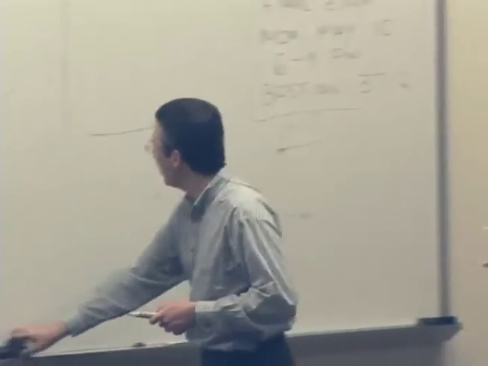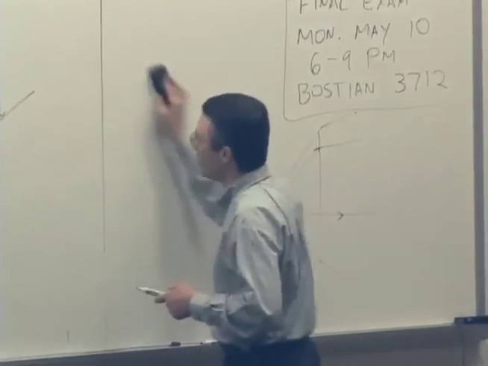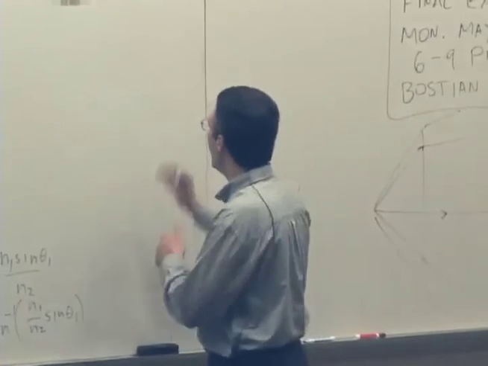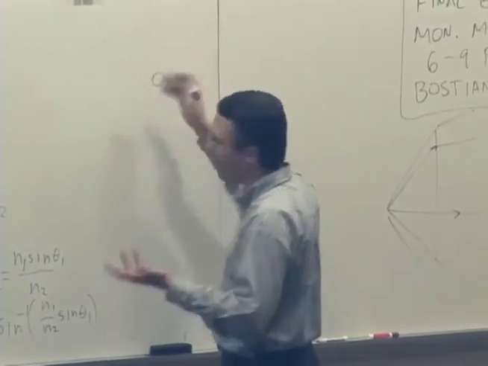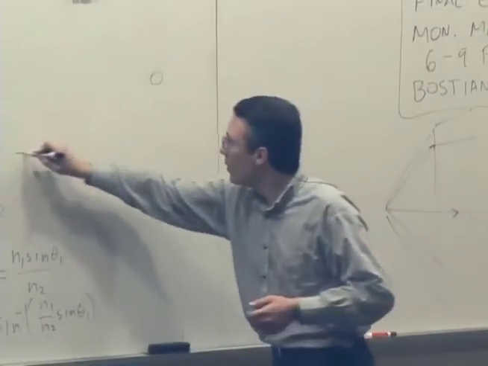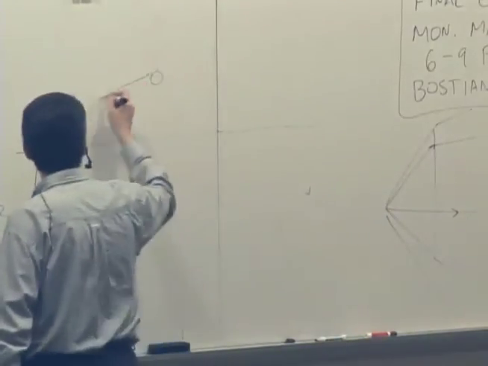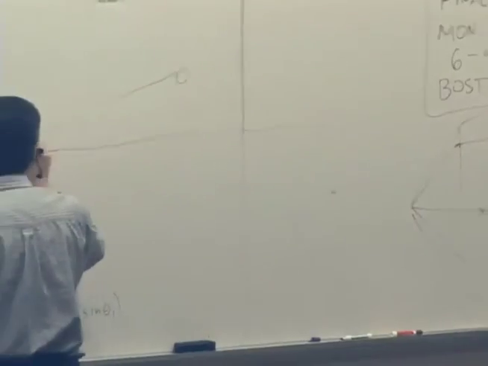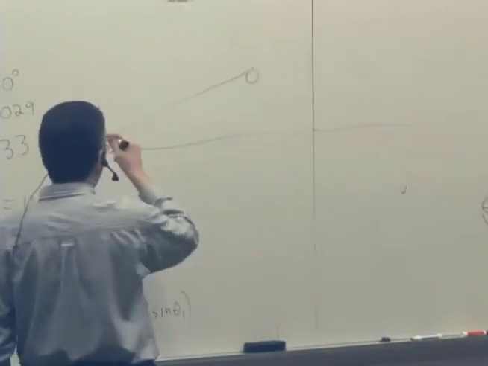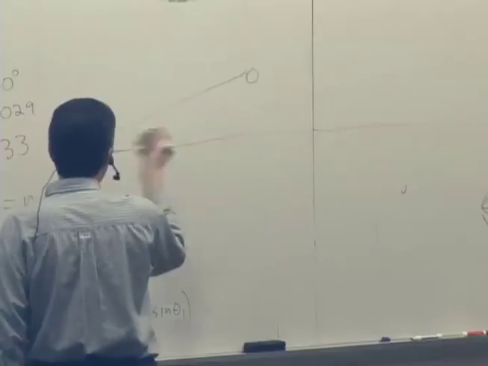Okay, now let's say you have a source of light that's emitting light in all directions. Well, it could emit, even way out here, right? And I could go arbitrarily far away, and Snell's law is still going to apply.